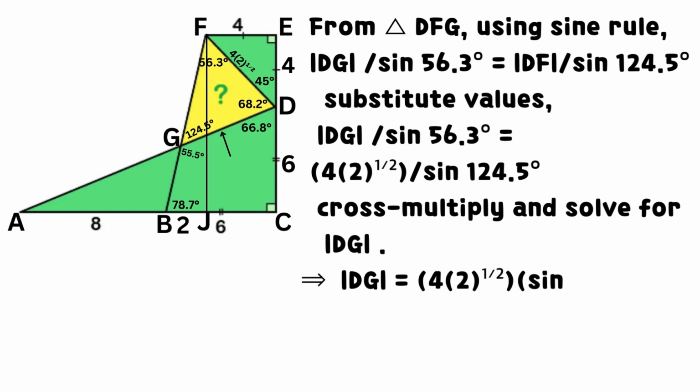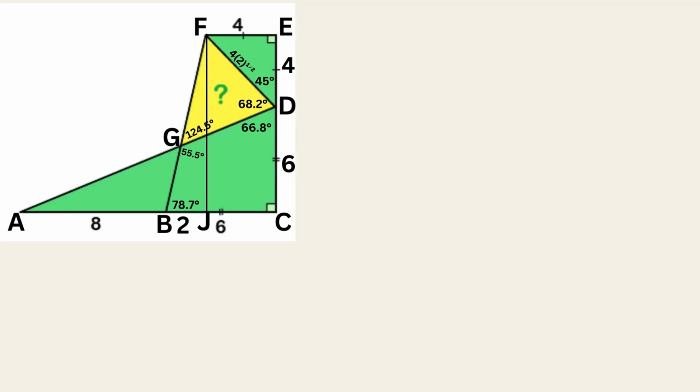Substitute values and we have an equation for line DG in sine of angle. Cross multiply and solve for the length of line DG. It implies that line DG equals 4 times the square root of 2 multiplied by sine 56.3 degrees, all divided by sine 124.5 degrees.